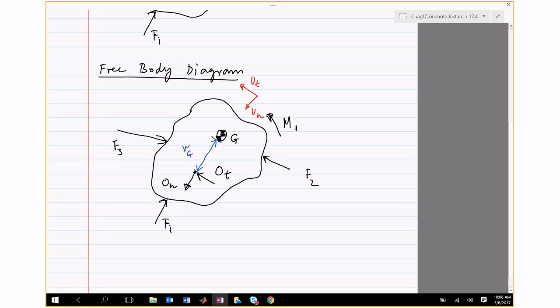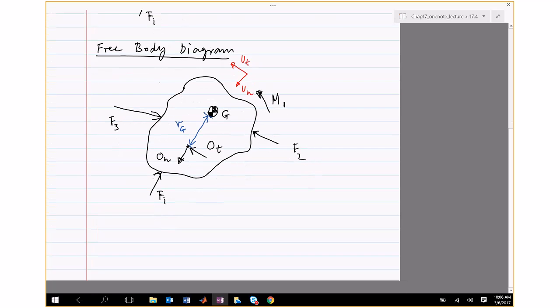So far so good. So the equations of motion are, well, there are three equations of motion like I described earlier. There's F equals ma. The net force in the tangential direction is mass times acceleration of G in the direction t.